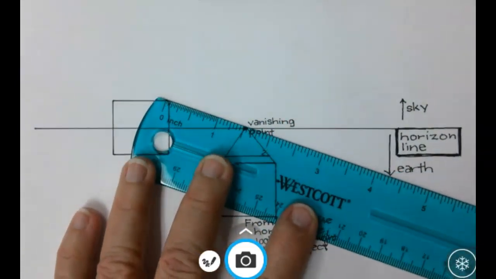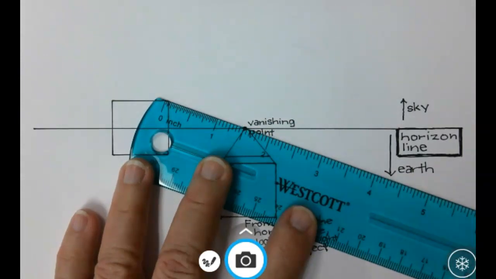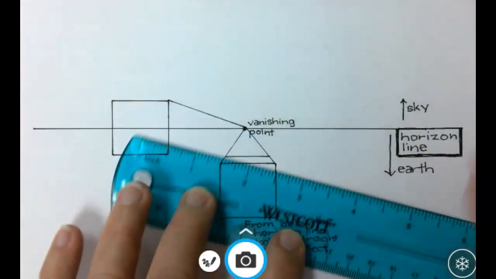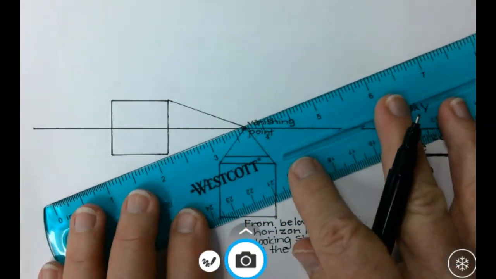We'll do the same thing: we're going to draw a line from the vanishing point to the corner of the square.